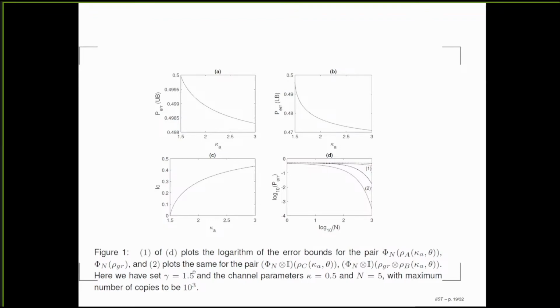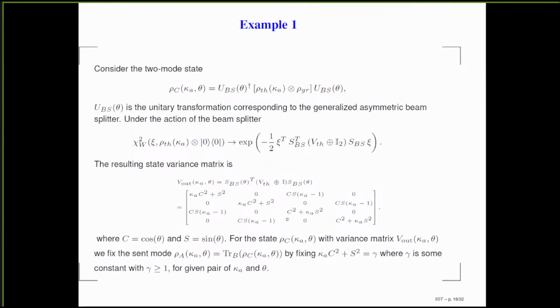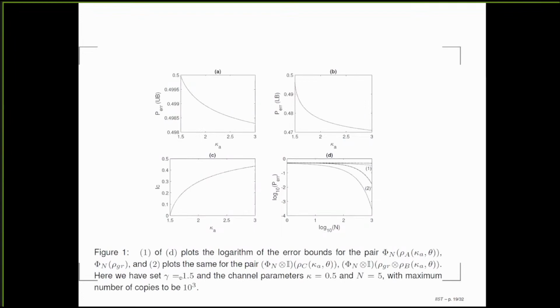Here, gamma was nothing but setting the energy of rho A to be some constant, gamma. Here we have chosen gamma to be 1.5, channel parameter kappa to be 0.5, the noise parameter to be 5, and the number of copies to be 10 power 3.